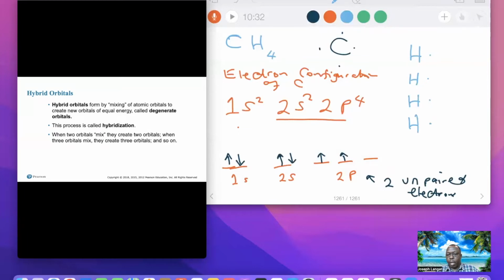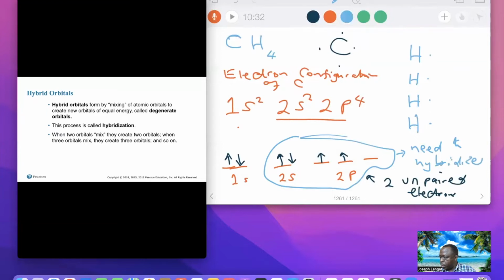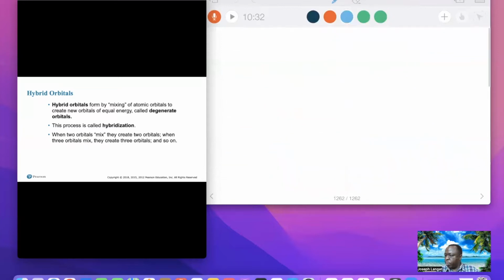Remember, we need unpaired electrons to form bonds with carbon. This is where hybridization comes in, that is, the mixing of orbitals. We need to generate degenerate orbitals for these 4 hydrogens to bond with carbon. Hybridization involves promoting 1 electron.